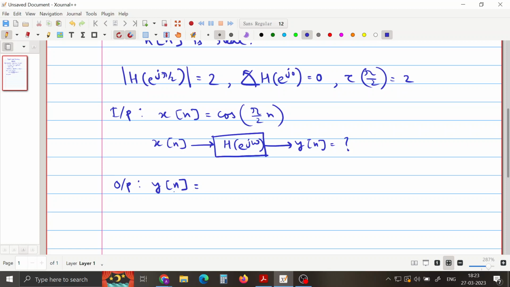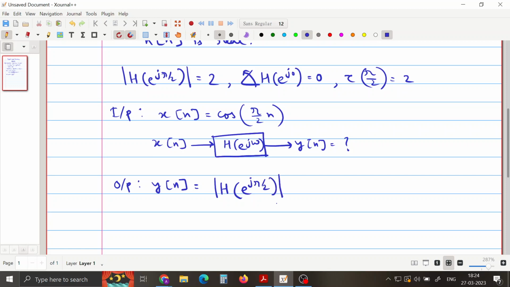So in this case, the input is cos pi by 2 n. So omega naught, if you compare with the form cos omega naught n, omega naught is indeed pi by 2. So the input frequency is pi by 2. So firstly, there will be amplitude scaling. The factor of scaling is the magnitude of H of e power j omega at pi by 2.